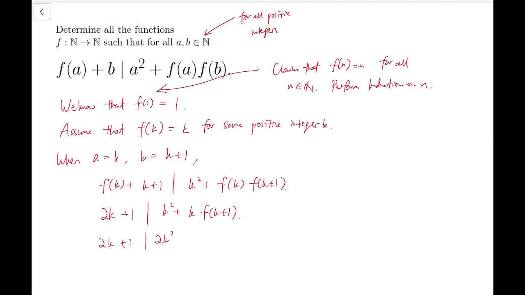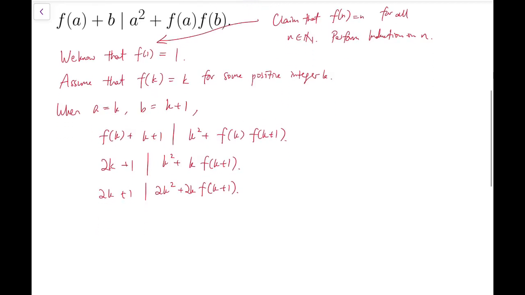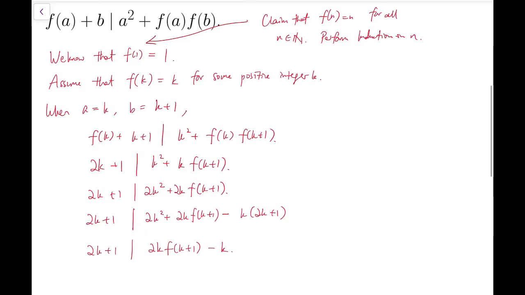So I can scale up the dividend a bit to make the simplification easier, because I have a 2k term at the divisor. So 2k plus 1 divides this new dividend minus k times 2k plus 1, and I will have minus k. So let's leave that there.